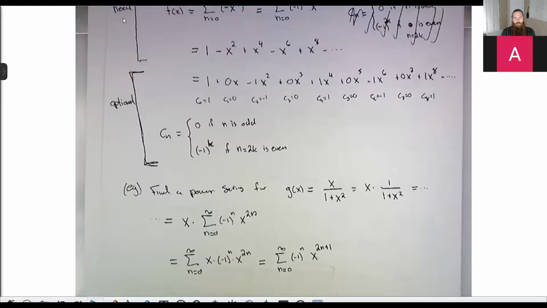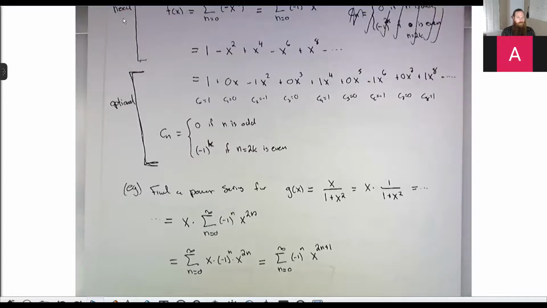So I'm going to come in here and focus just on a part of this graph, because the interval of convergence for this series is just -1 to 1. And let's just give a few more terms here. Minus x to 14. Plus x to 16.